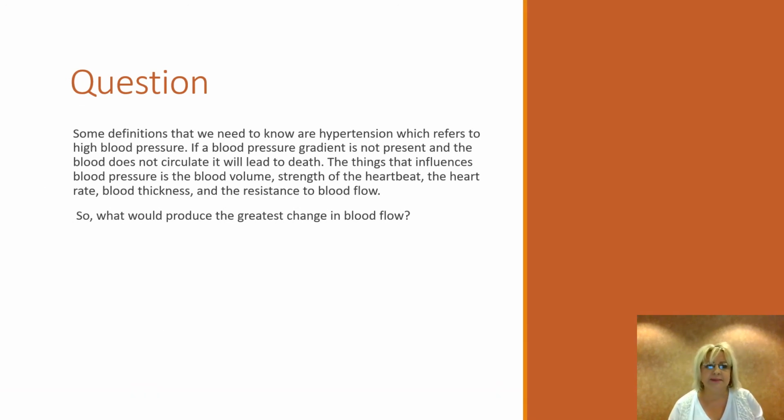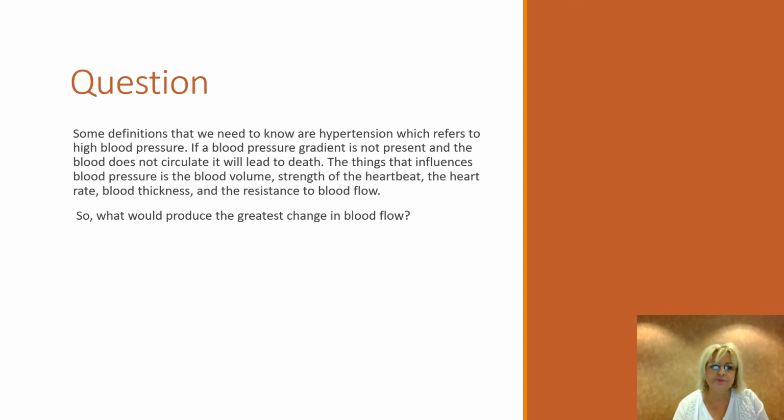So some definitions that we need to know are things like hypertension, which refers to high blood pressure. And if a blood pressure gradient is not present and the blood does not circulate, it would lead to death. The things that influence blood pressure are the blood volume, strength of the heartbeat, the heart rate, thickness of blood, and resistance to blood flow.